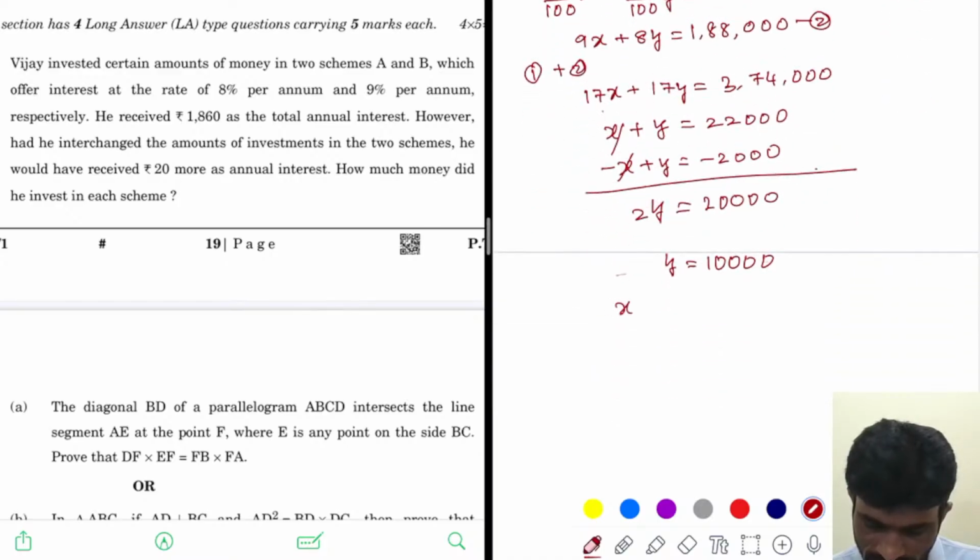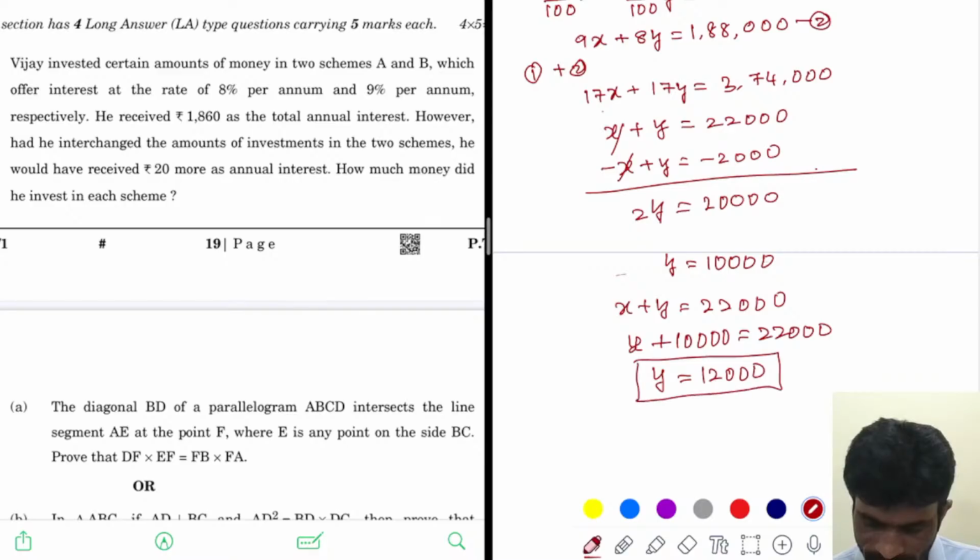Then x plus y is equal to 22,000, so x plus 10,000 is equal to 22,000. So x is equal to 12,000. Yes, correct.